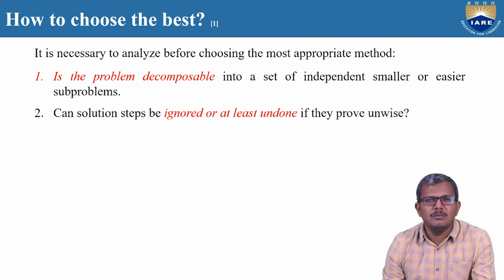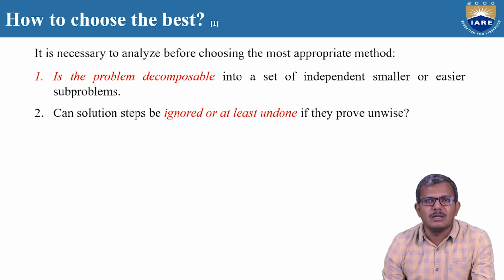And the second characteristic is the solutions: can the solution steps be ignored or at least undone? So what do you mean by this? These kinds of things we see in mathematical representations, especially when you are dealing with mathematical equations.